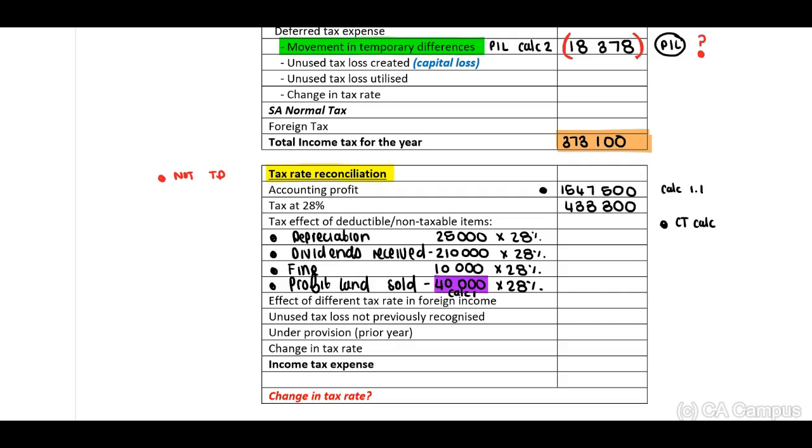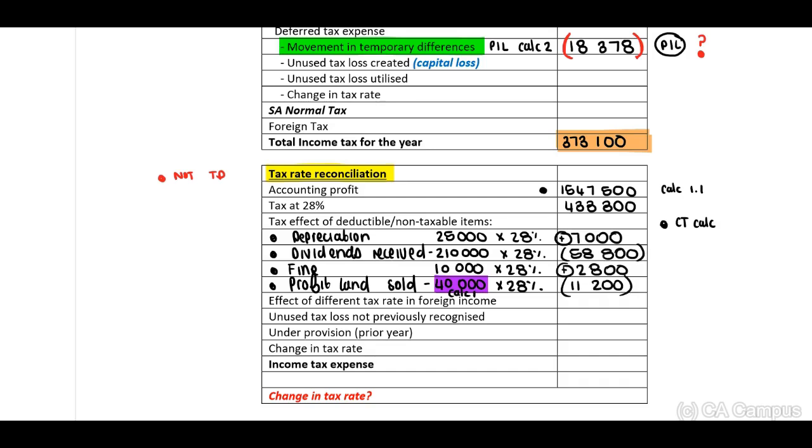Our depreciation will be 7,000 that we need to add back. The dividends received, we need to take out 58,800. We need to take this out. The fine will be an amount of 2,800 that we need to add back, and 11,200 that we need to take out.